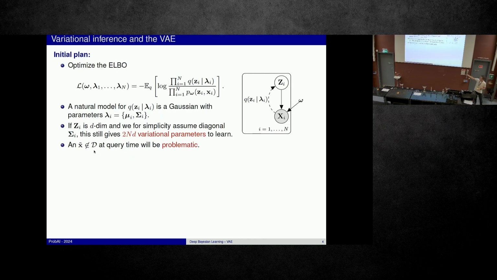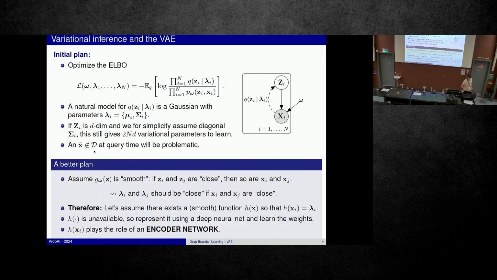Also, even if we learn a model, doing inference on new data points that come in can itself be problematic, because the posterior distribution that we find for a data point is specific for that data point through its individual variational parameters. So trying to find a latent representation for a new test point can itself be problematic.